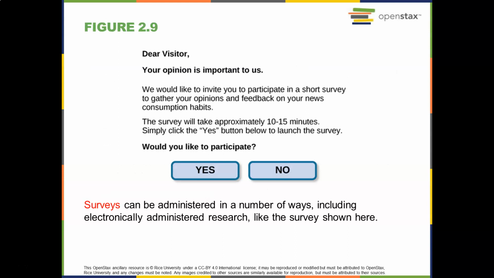Here's an example: your opinion is important to us, would you like to participate? Then you can click yes or no, and so on. That way you're telling these people your opinions and behaviors, according to the questions and what you feel comfortable answering. So that's an example of a survey.